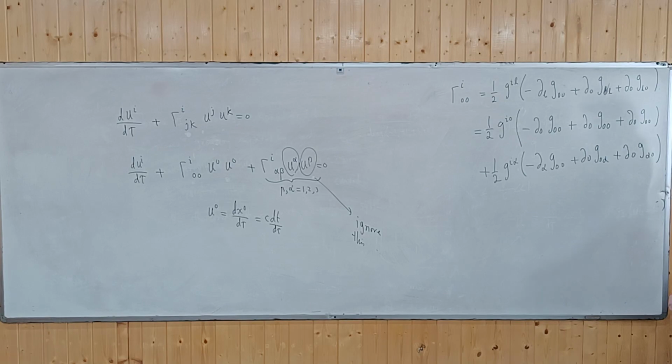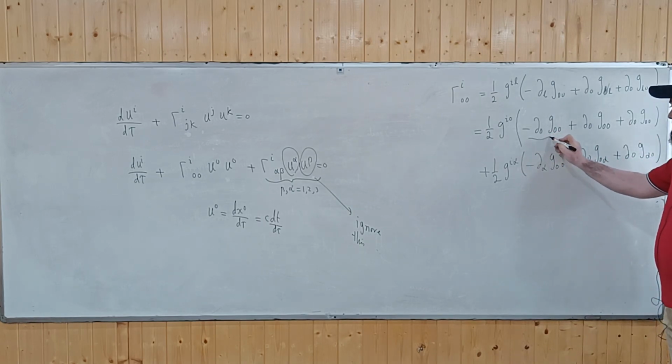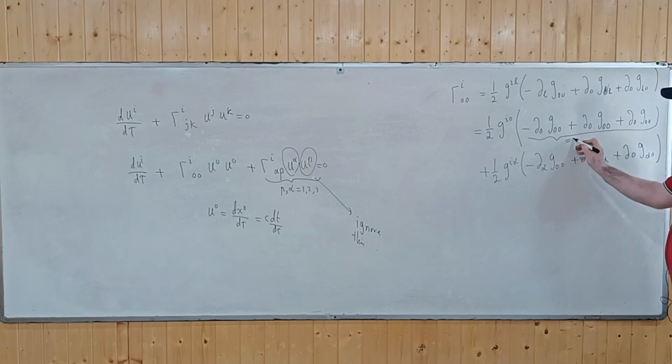The spacetime is static. What does that mean? The time derivative of the metric is what? 0. So what is this object? ∂_0 acting on it, so this is 0, this object is 0, this object is 0. So that means this very term is equal to 0 by assuming the metric, the spacetime, to be static.